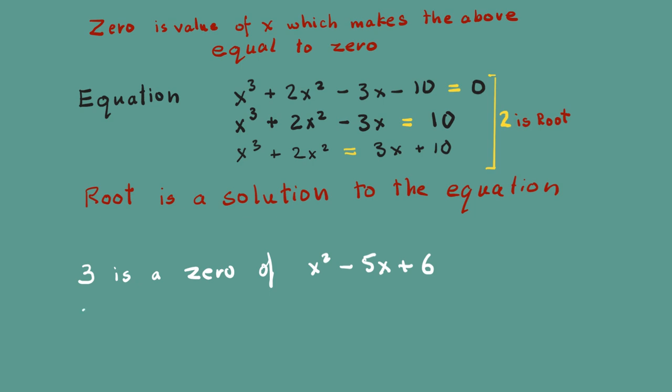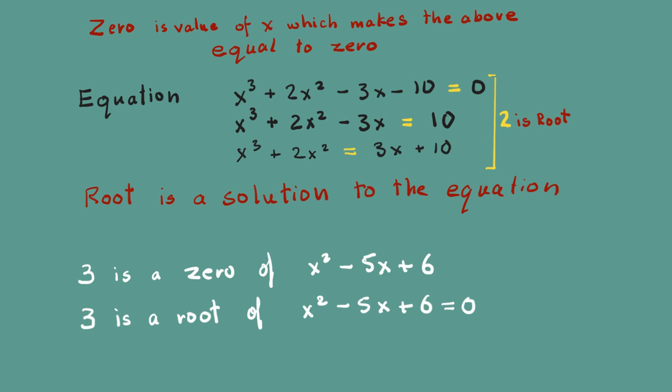But we could also say that 3 is a root, but then we would say of x squared minus 5x plus 6 equal to 0. That's the distinction. Now, I must say that you might find in many texts that these two are frequently interchangeable.